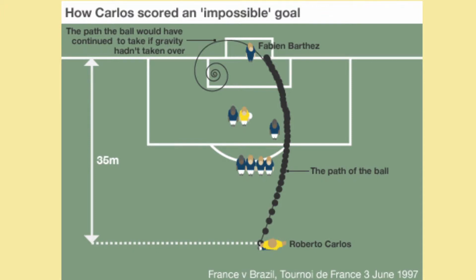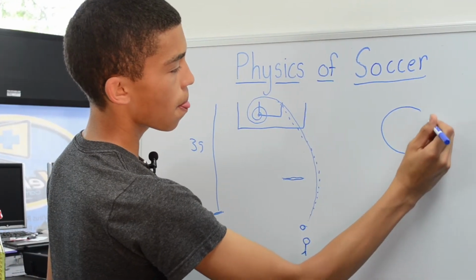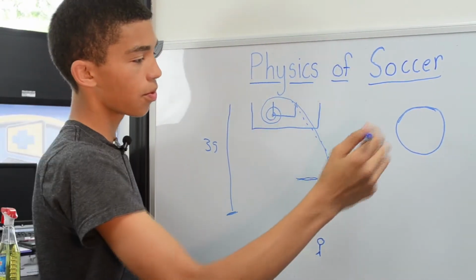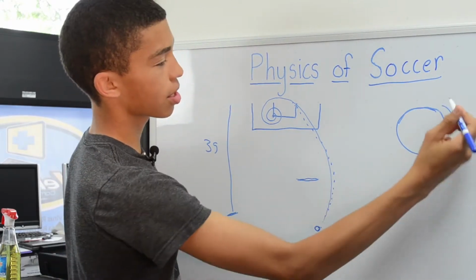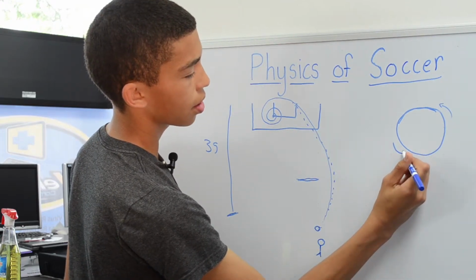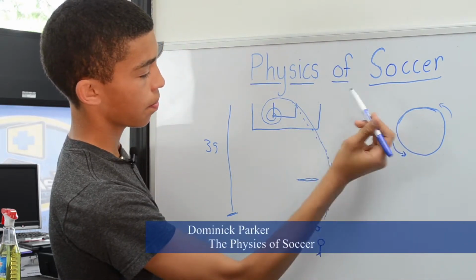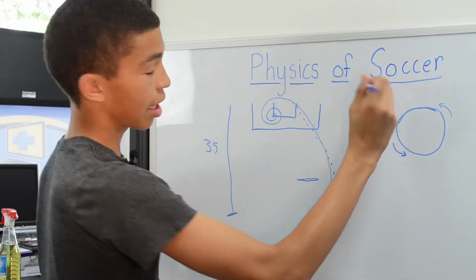So now I'll show you what the Magnus effect actually is. So here's the ball. Think of this as a top view of the ball. So the ball, in Roberto Carlos's case, is spinning in this direction and moving this way. So it's spinning, and air is still flowing past it, like in the past diagram.